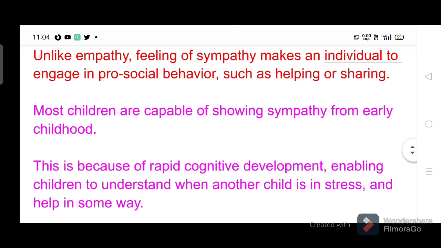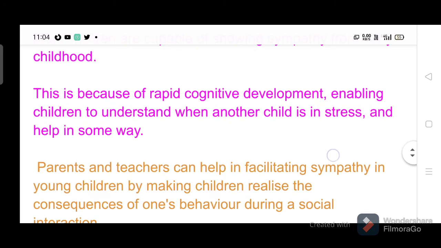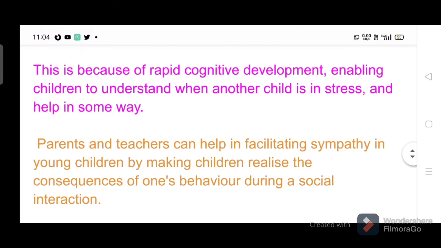Most children are capable of showing sympathy from early childhood. Most of the children from the preschool age will be able to show sympathy, but to experience empathy, it takes more time. This is because of the process of cognitive development.